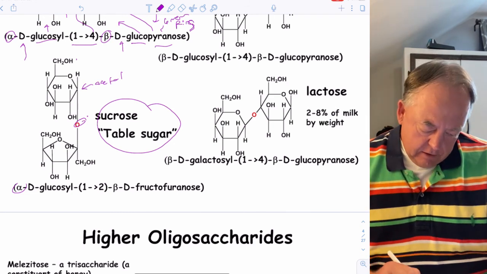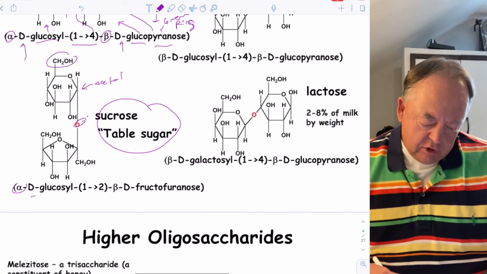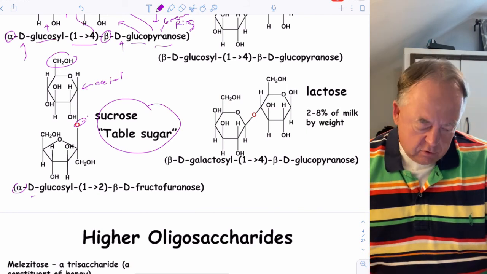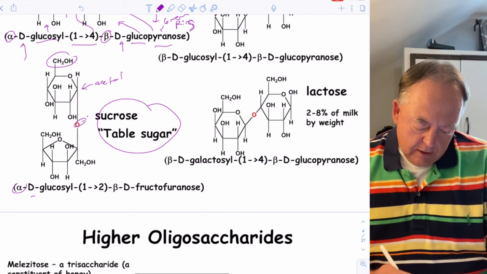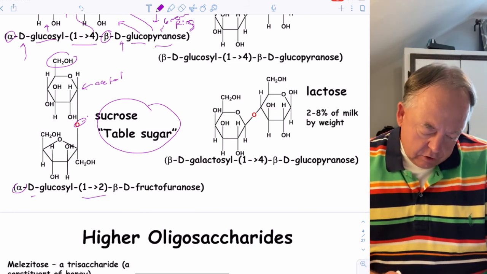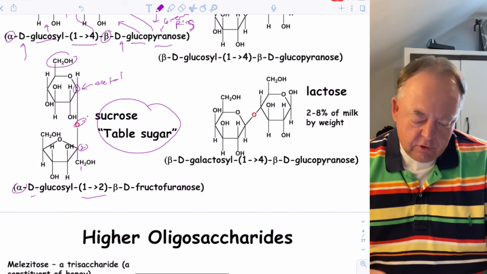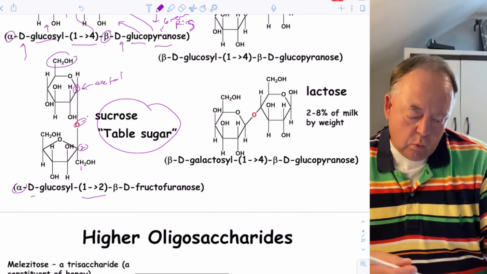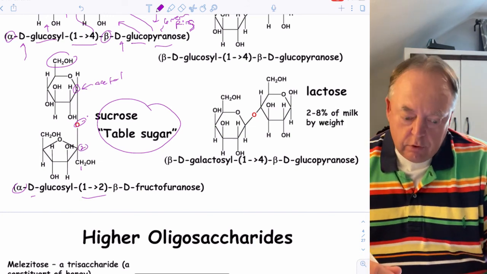D, again, the CH2OH is drawn up. A 1,2 linkage: on this carbohydrate that's carbon number 1, and on the other, that's carbon 2. So the linkage is between carbon 1 of one sugar and carbon 2 of the other sugar.